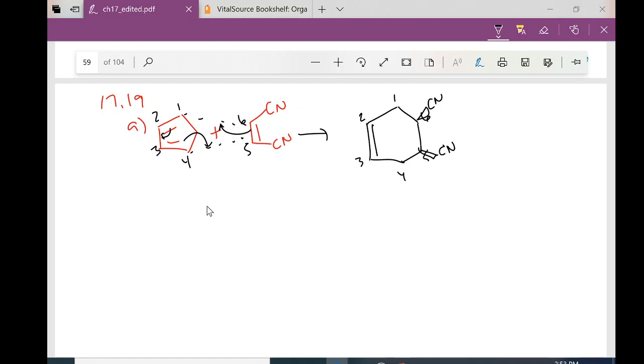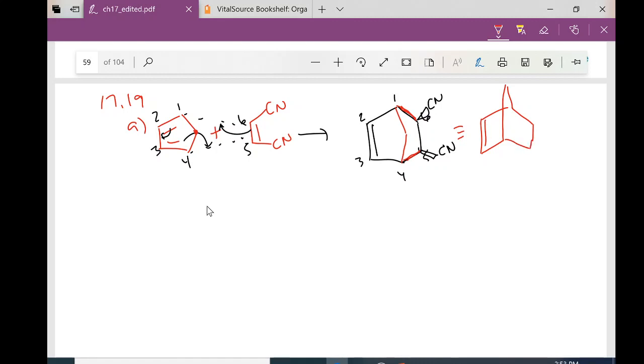Okay, so we formed this sigma bond here and this sigma bond here. But we also have this one carbon atom here that's going to form a one carbon bridge. So if we actually drew that in our regular bicyclic notation, what would it look like?